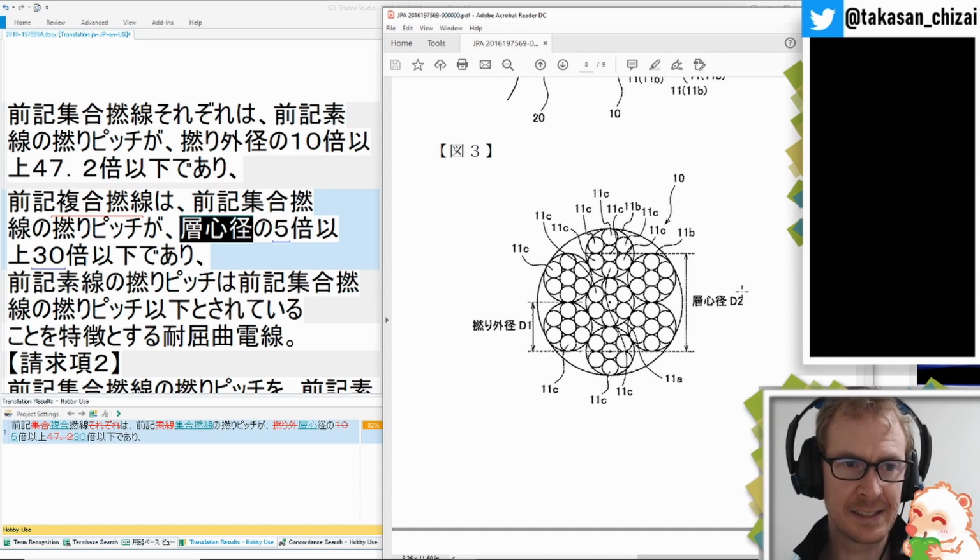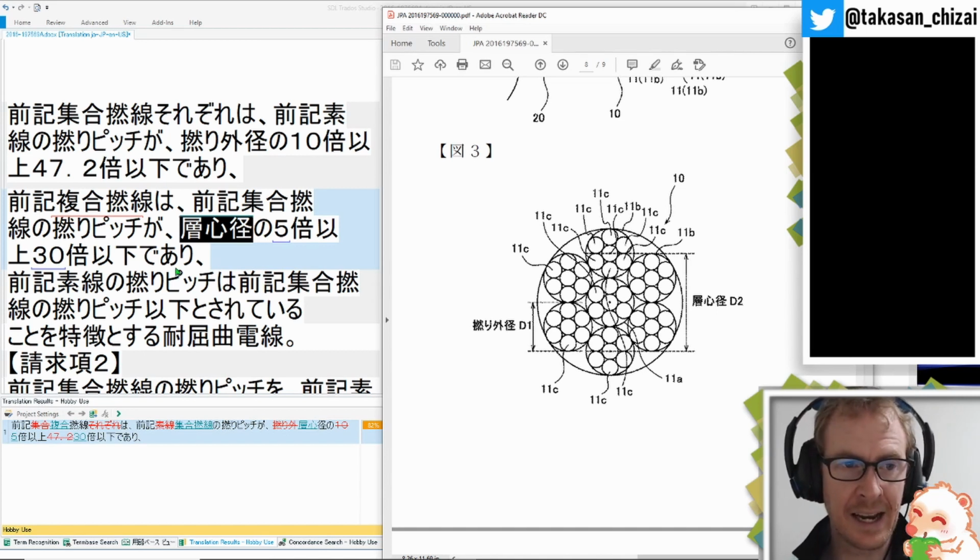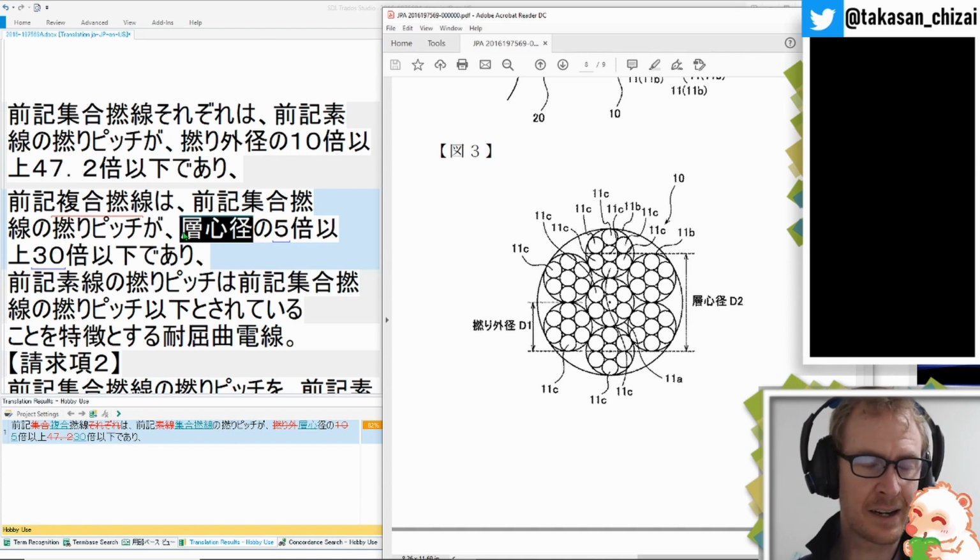And this is a diameter. Okay, it's not so much a diameter, but it's the length from the center of this guy to the center of this guy. And that is described in Japanese as the layer core diameter.